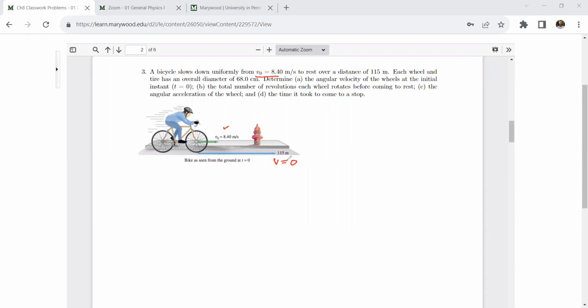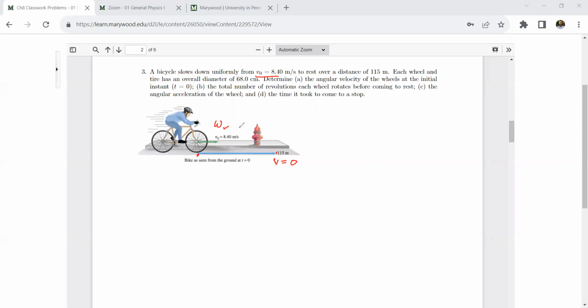The distance from here to here is also given, it's 115. Then what is the angular velocity of the wheel at the initial instant? First you have to calculate the angular velocity at this point, so we have to calculate omega 0.